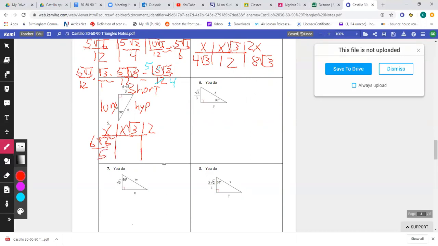If I multiply this by root 3, I'm going to get 6 root 15 over 5, right? Because root 5 times root 3 is just root 15. And then look, can you simplify root 15? No. So this is already simplified.